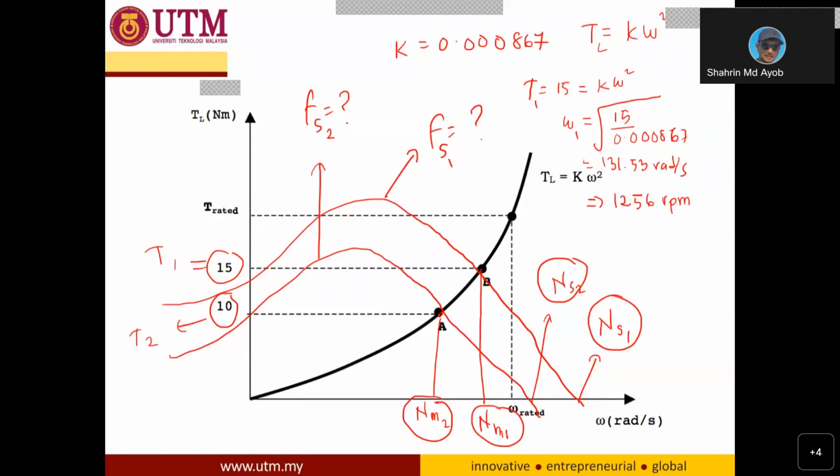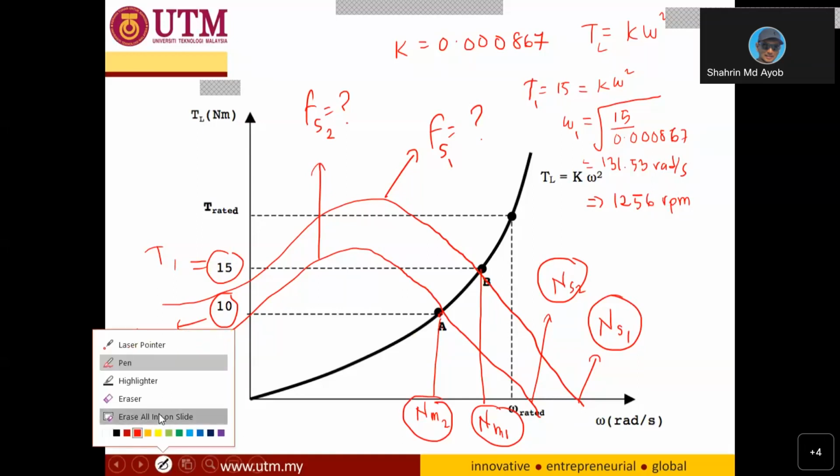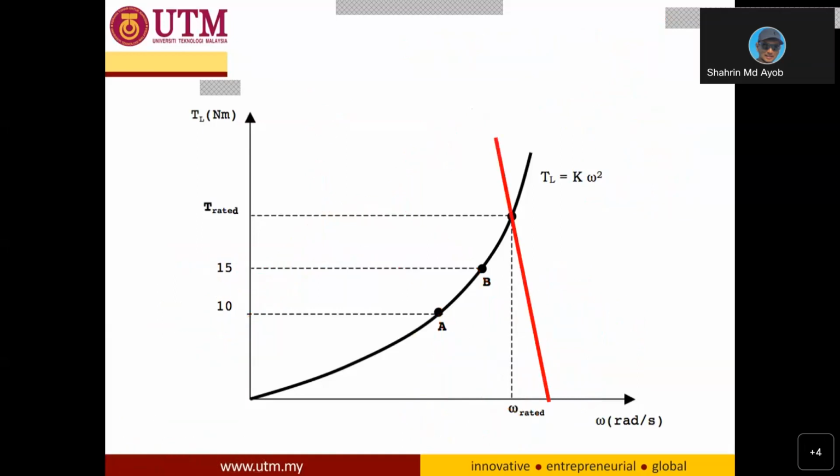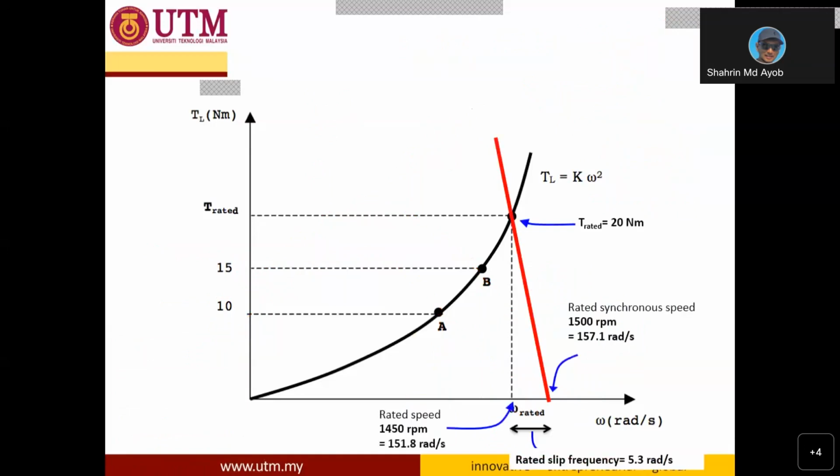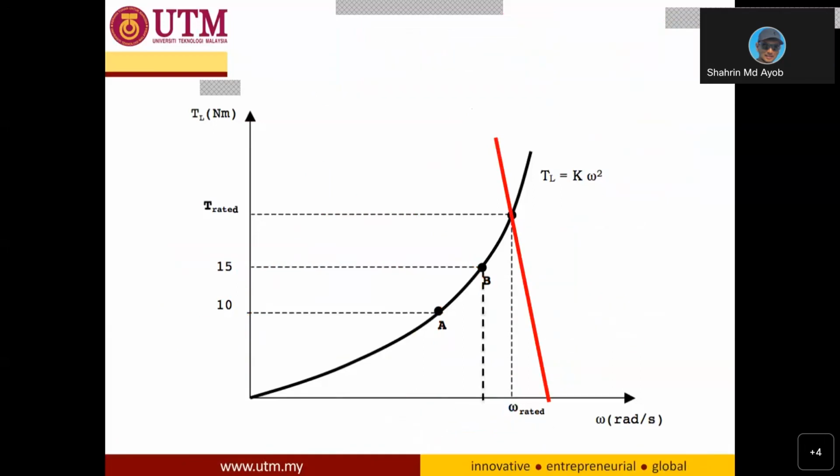Okay. Tapi synchronous speed pula tak tahu. Dia tengok aja dia punya jawapan dia. Sekejap. Saya think this one. Okay. Saya tengok je lah. Yang ini untuk yang first tu. Okay.